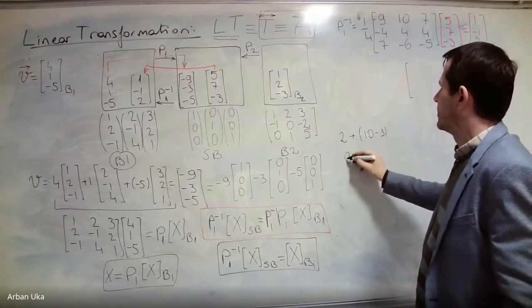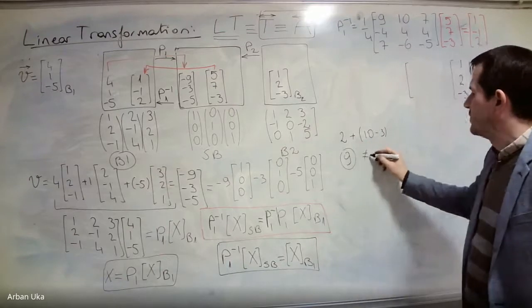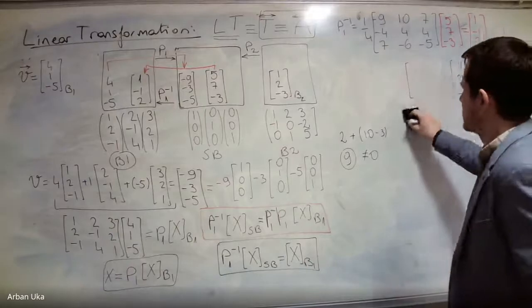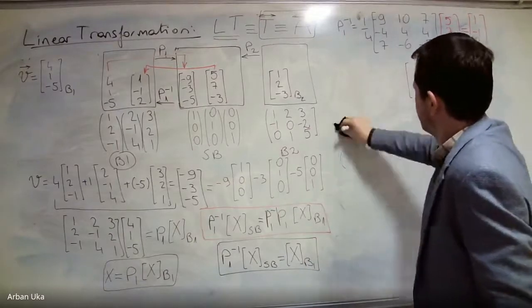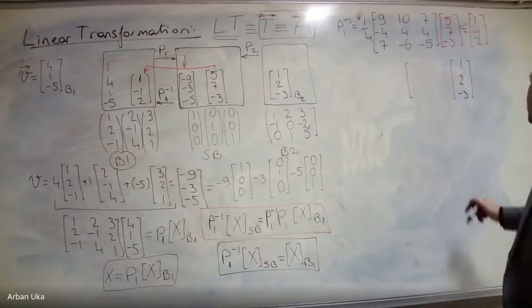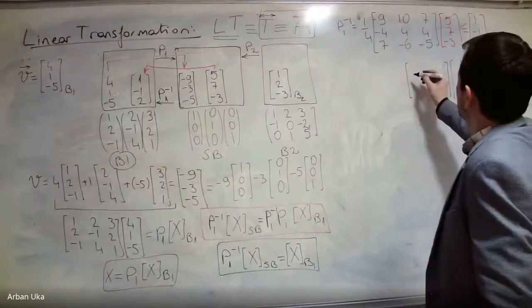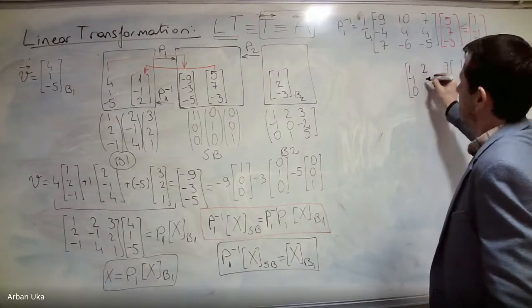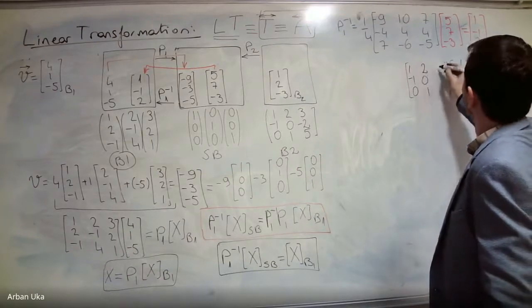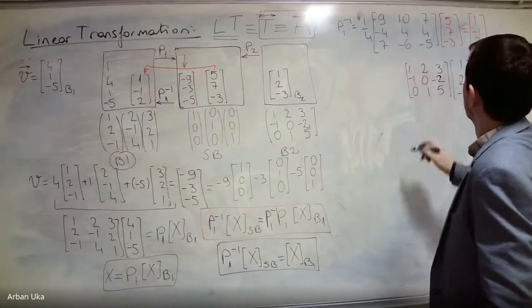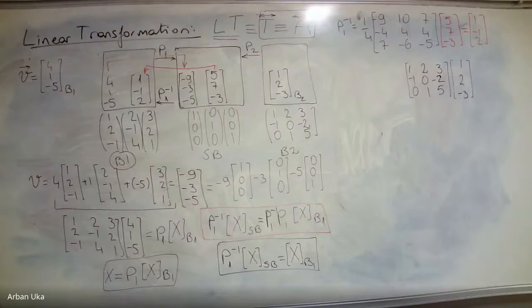Apparently it's 9, which means that it is different from 0, so it can be used as a basis, okay? We should always check for this. And let's do here 1, minus 1, 0, 2, 0, 1, 3, minus 2, 5.